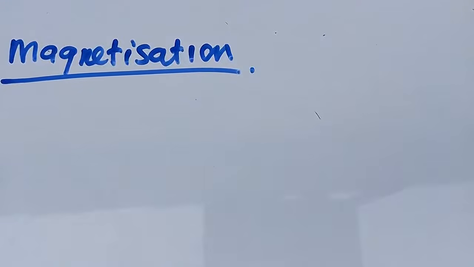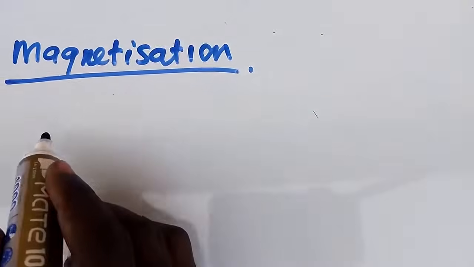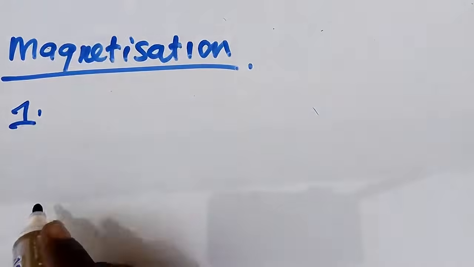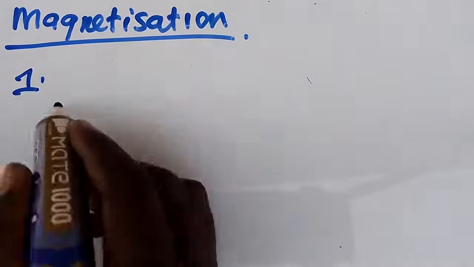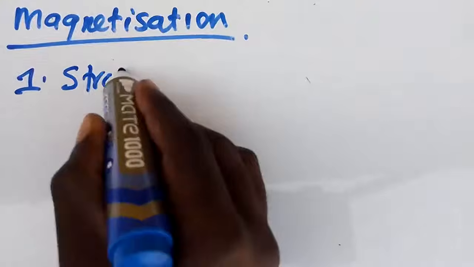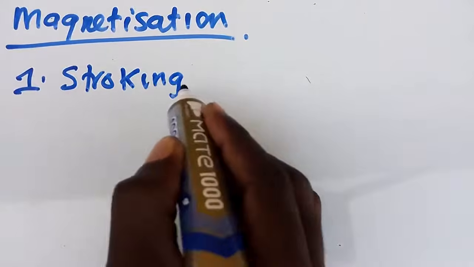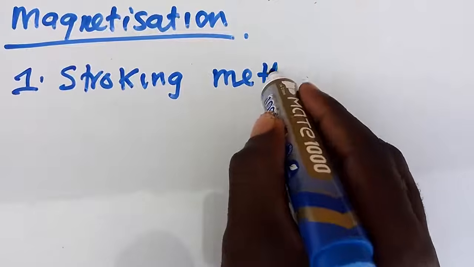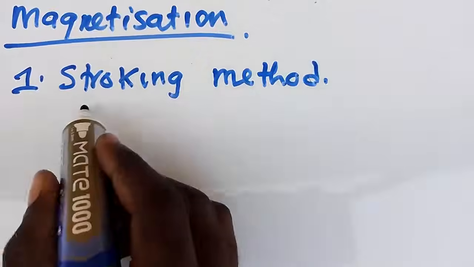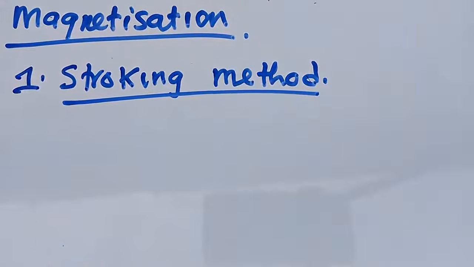The first thing you need to know: there is one method that we usually talk about, and that method is called the stroking method. These are methods of making a magnet.